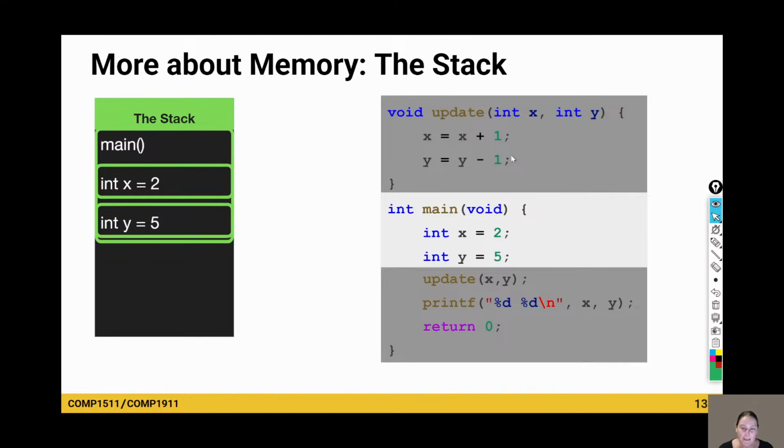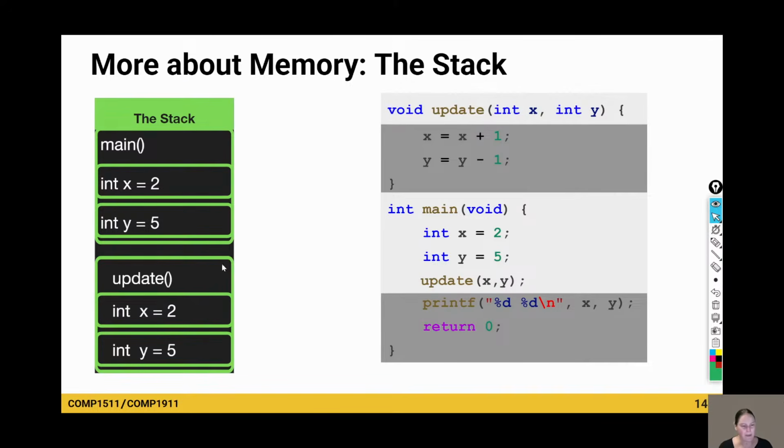So we're passing in 2 and 5, but when that update function gets called, it gets its own little chunk of memory on the stack as well. We call these things stack frames. So we've got a stack frame for the main, a stack frame for update, and they all have their own separate memory locations for all of these different variables.